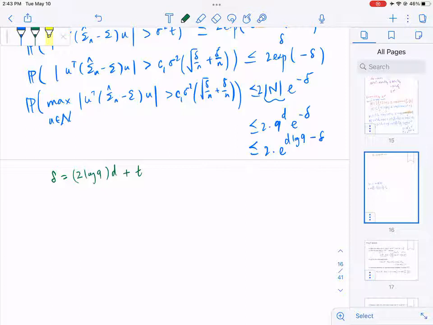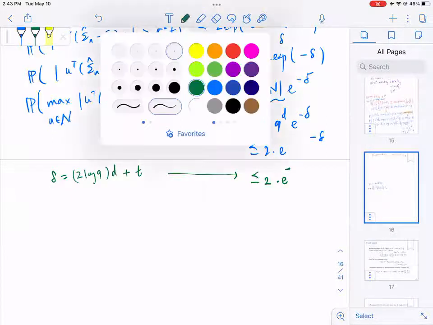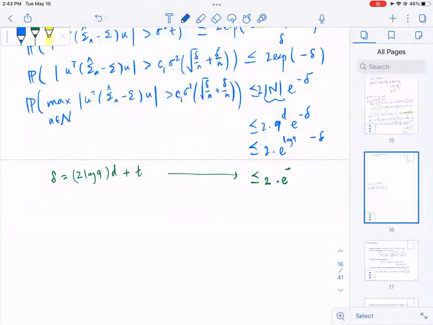So if you do this, this bound would be e to the negative, because I have a negative here, so I get log 9 times d minus 2 log 9 times d.